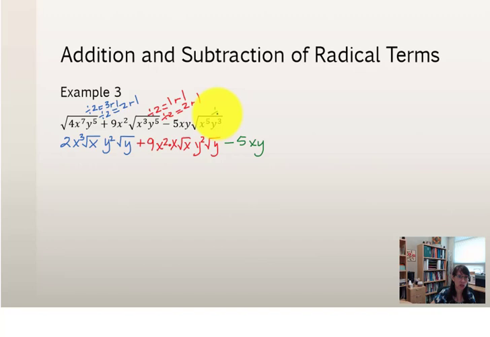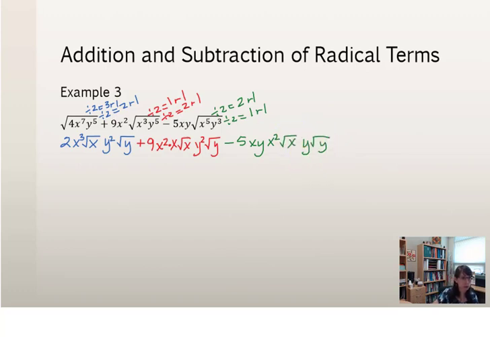And now use division of the index. 5 divided by 2 is 2 remainder 1. So 2 bases of x clear, 1 base of x remains. Finally, 3 divided by 2 would be 1 remainder 1. So 1 base of y clears and 1 base of y remains under the radical.